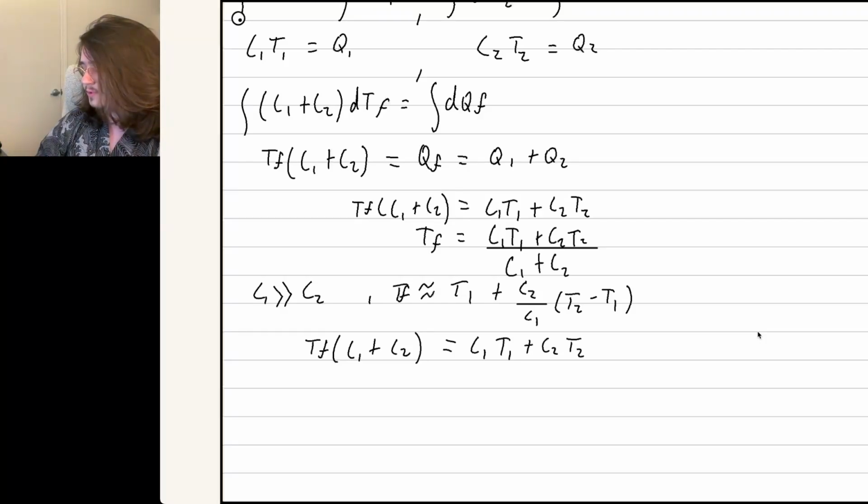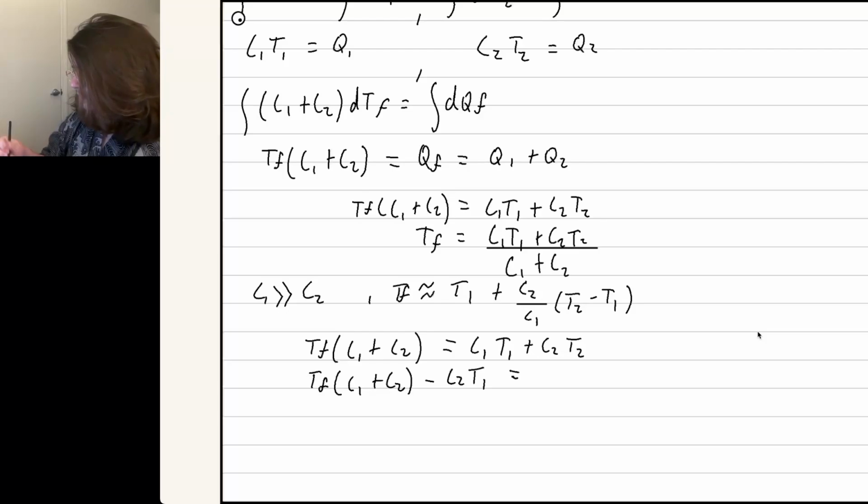And we're going to subtract from both sides some physical quantity of the form C2 T1, right? And then this side is T2 minus T1. On the left-hand side, we can combine like terms.